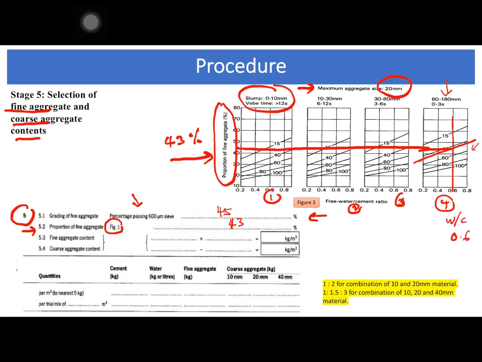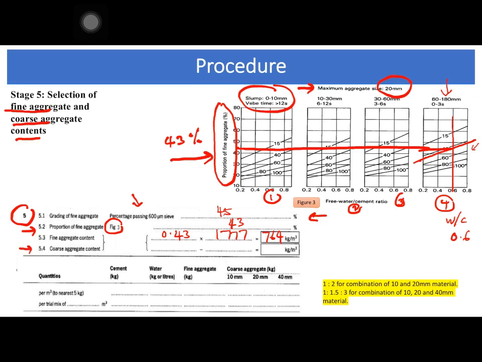So fine aggregate is 0.43 multiplied with the total aggregate, 1777, the total aggregate. So 0.43 multiply 1777, you can have 764, maybe 764.11. So you can have 764. Okay, and then how to determine the coarse aggregate content?